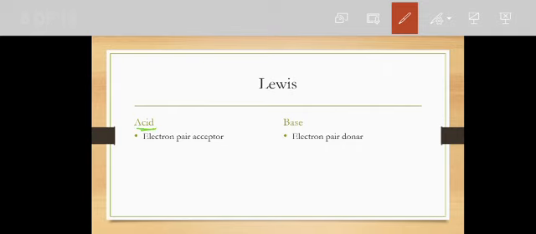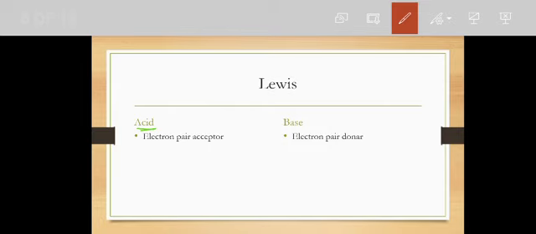And acid means they have a cation, or a neutral molecule whose central atom has an incomplete octet. So all neutral molecules with an incomplete octet also act as acid. In the case of base, anions act as Lewis base. And second, a neutral molecule having a lone pair comes under the base category.